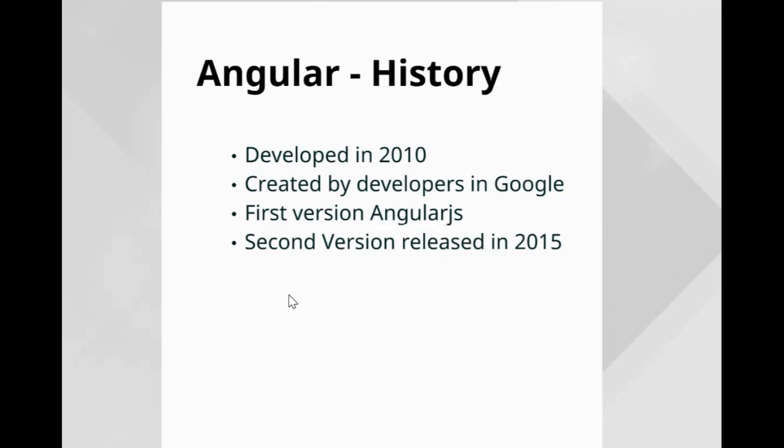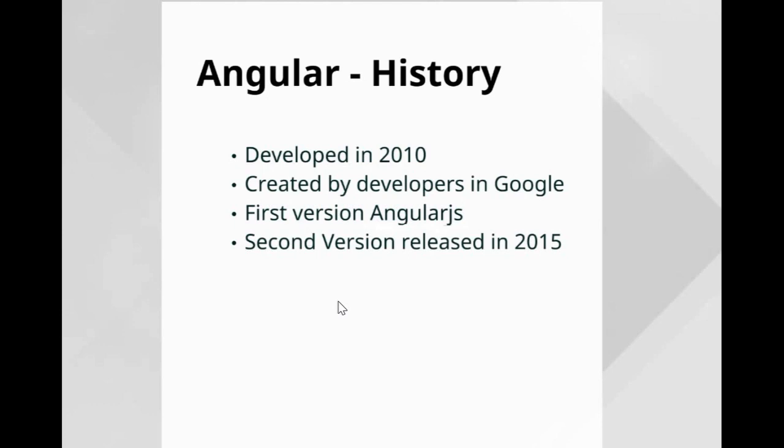So basically, let's just look into the history first. It was actually developed in 2010 by developers in Google, and the first version of Angular is actually known as AngularJS. And then the second version was actually released in 2015, and any version that's above the first one is referred to as Angular.